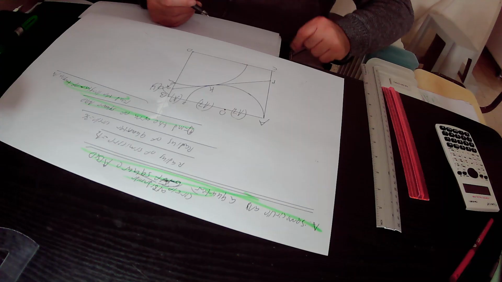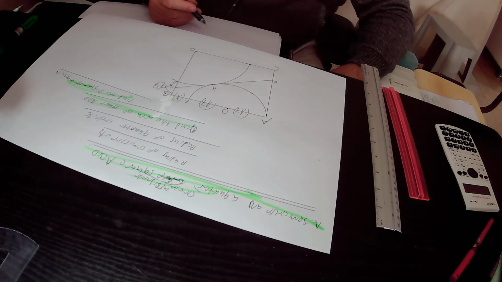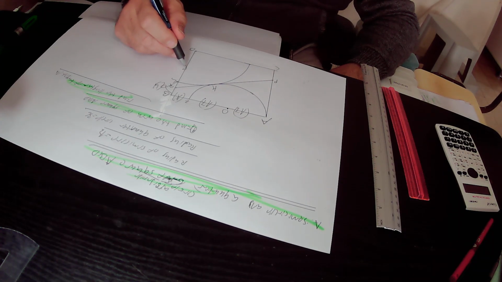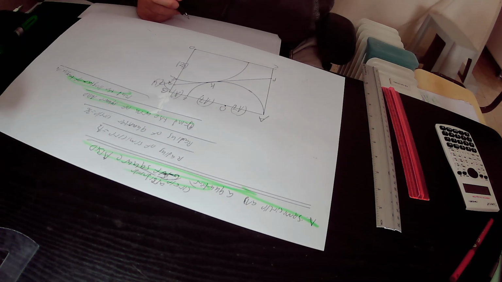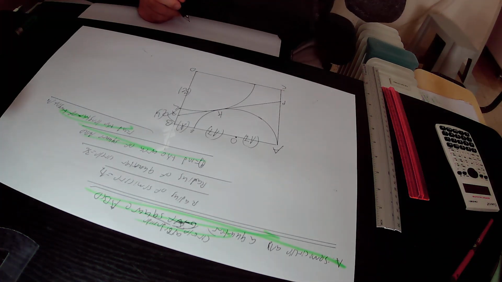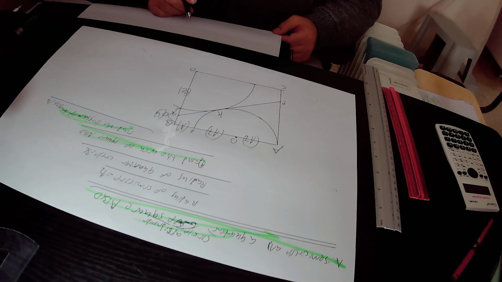So OL is the radius of this quarter circle, that is 36. In the first part, we have to find the area of this square ABCD.